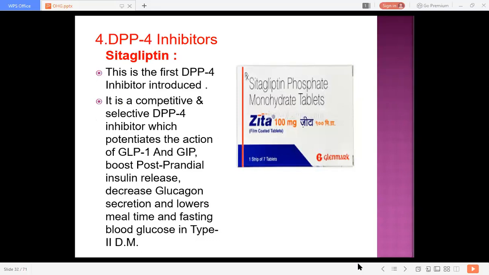We have DPP-4 inhibitors, that is sitagliptin, a competitive and selective DPP-4 inhibitor, which potentiates the action of GLP-1 and also GIP, boosts postprandial insulin release, decreases glucagon secretion, and lowers mealtime and fasting blood glucose in type 2 diabetes mellitus.